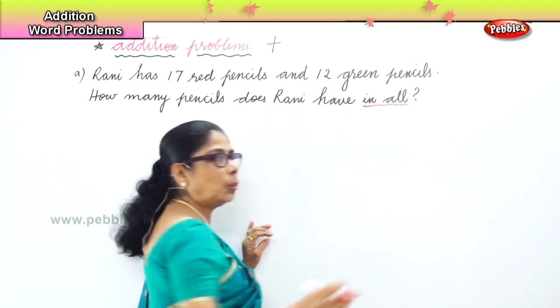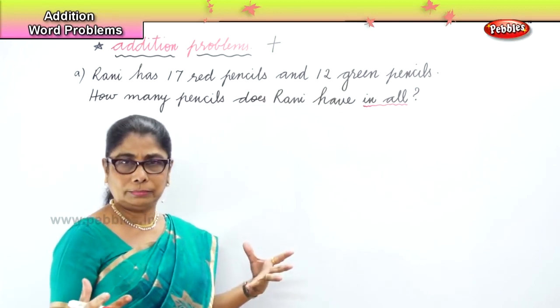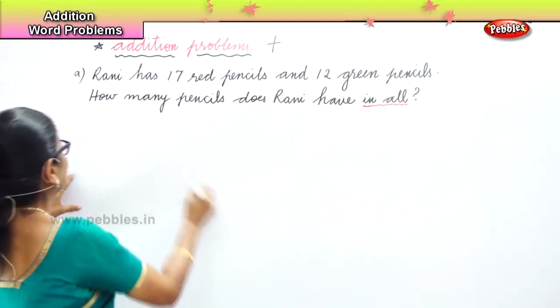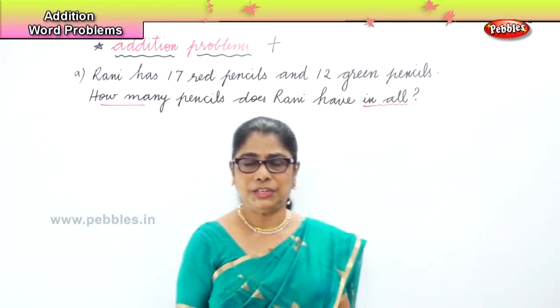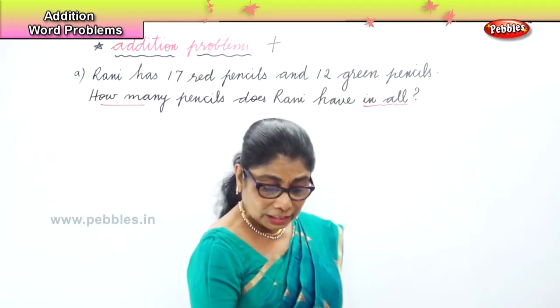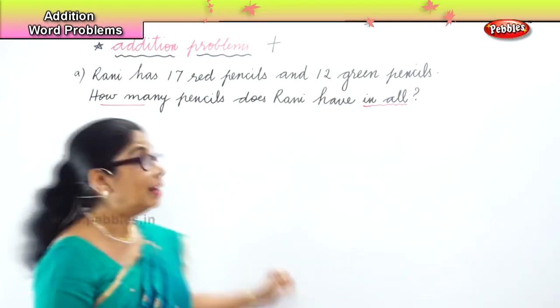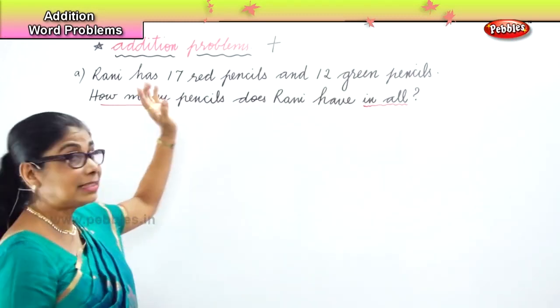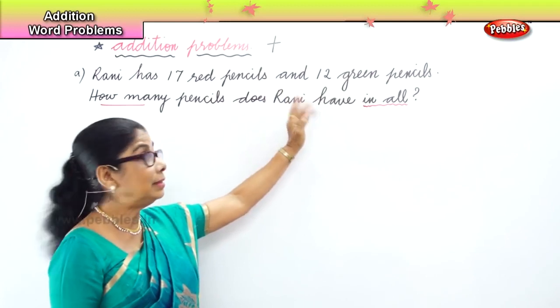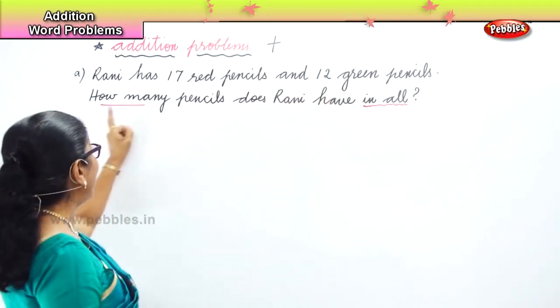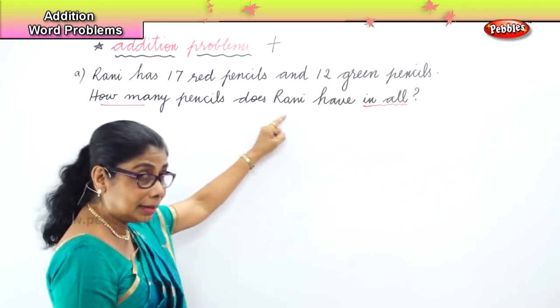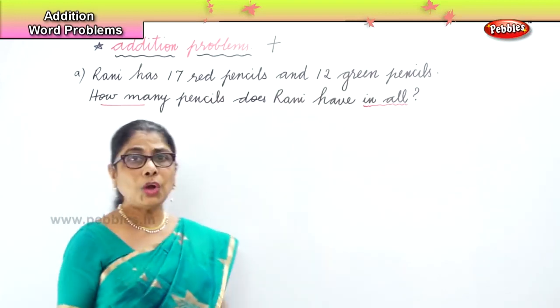When we look at the words "how many in all," it simply means addition. Read that again. Rani has 17 red pencils and 12 green pencils. How many pencils does Rani have in all?